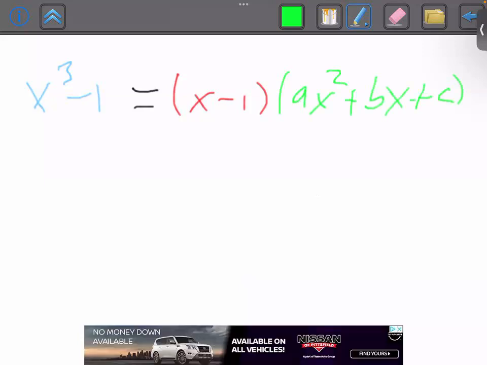And I just have to figure out what a, b, and c are. Can anybody tell me any of these values immediately? C has to be 1. And a has to be 1. And this comes by just looking at what happens when I multiply. And so now I know a equals 1, I know c equals 1. Now let me do the expansion and then figure out what b will be. And after the algebra, you'll get that b equals 1.